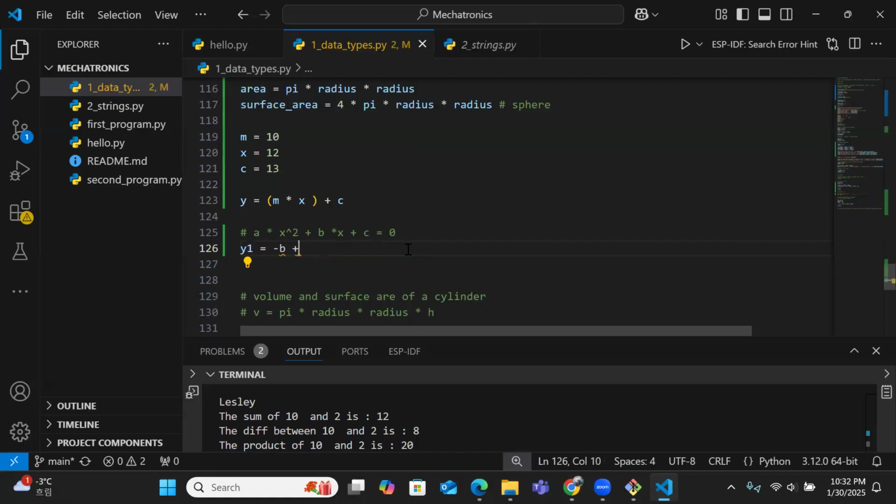You know the quadratic equation, how to solve it? Yes.